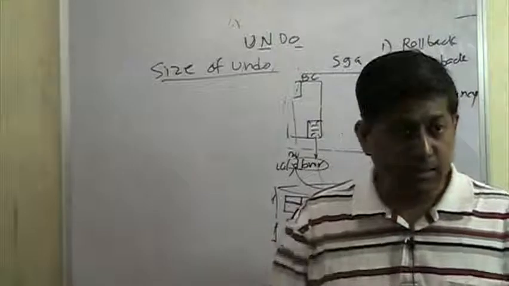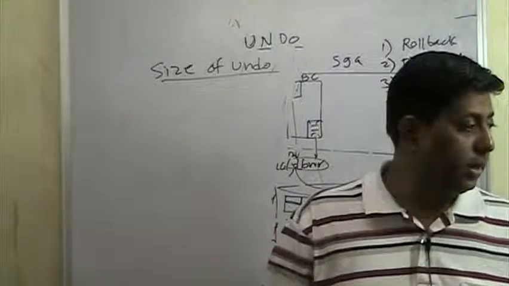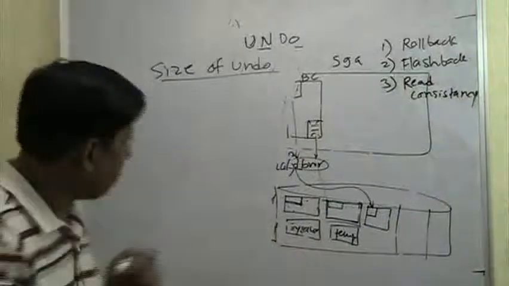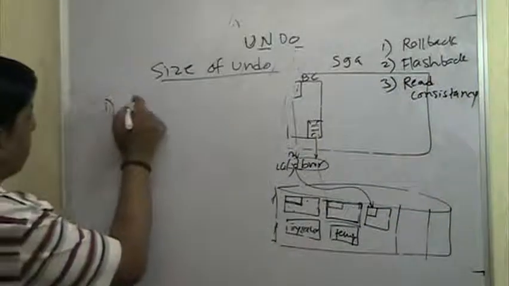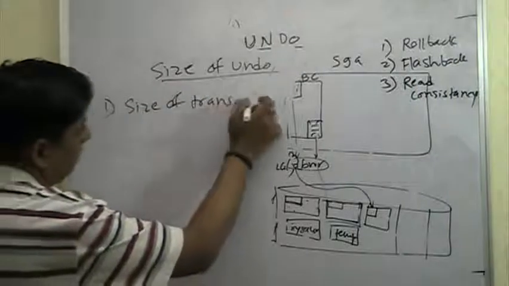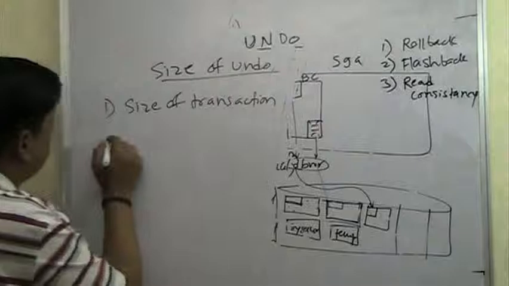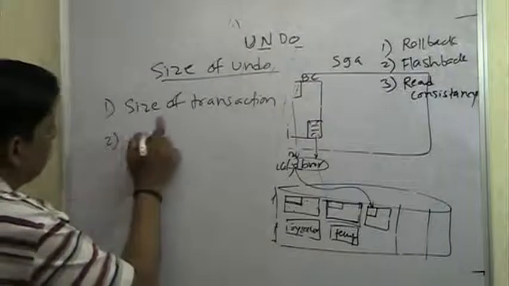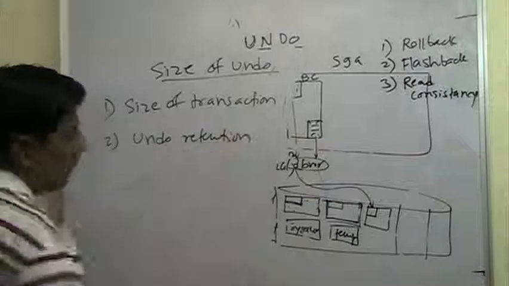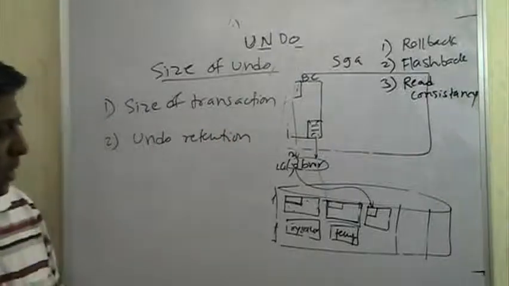So the size of your transaction and the undo retention will decide the size of your undo tablespace. These are the two things that decide it.